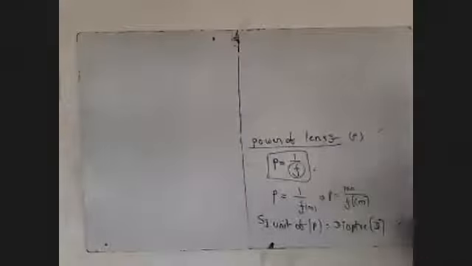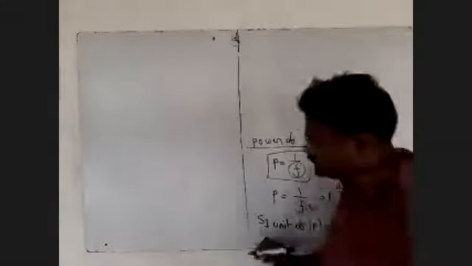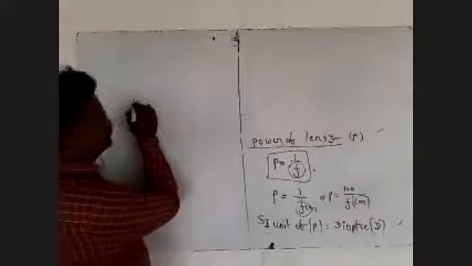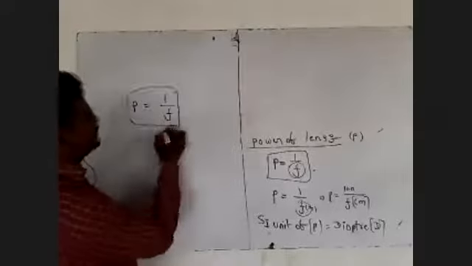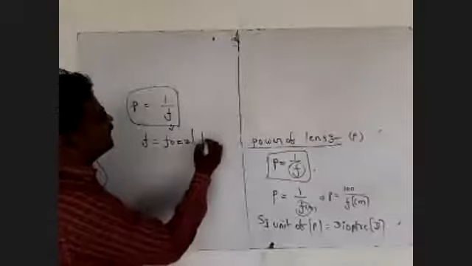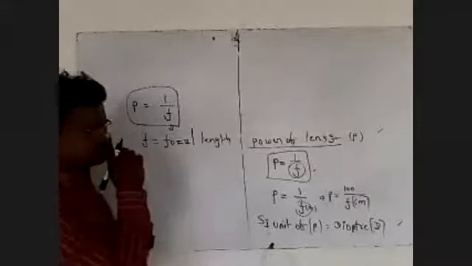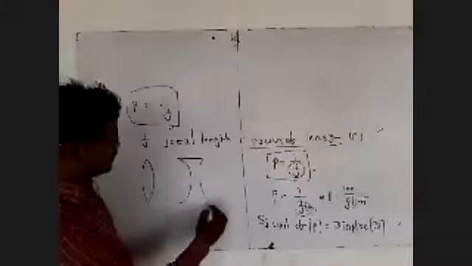Suppose, for example, P is equal to 1 by F. F means focal length. We can use a convex lens or a concave lens.